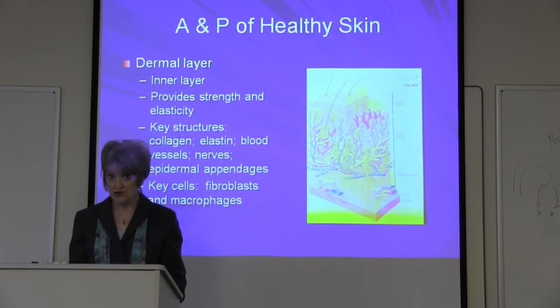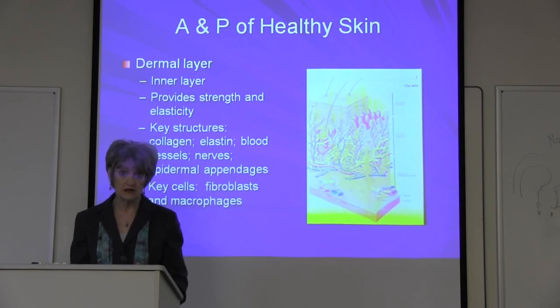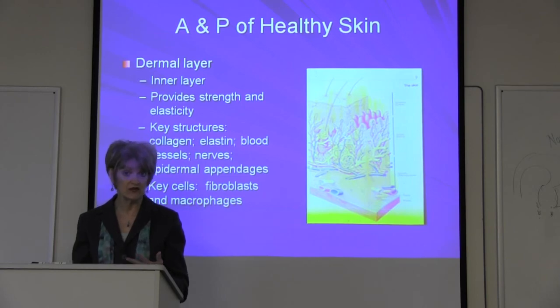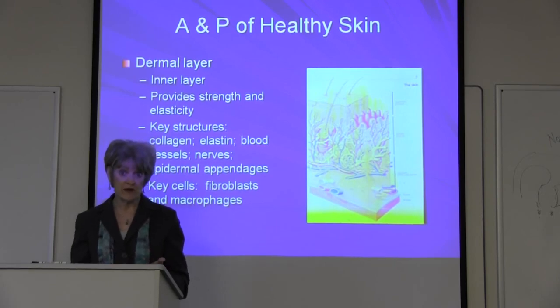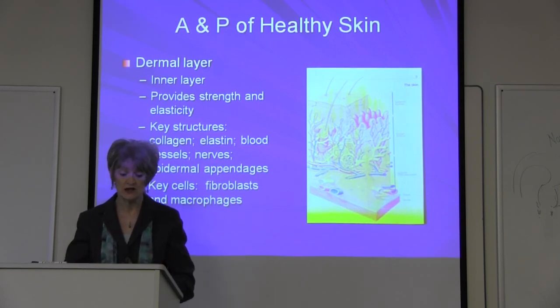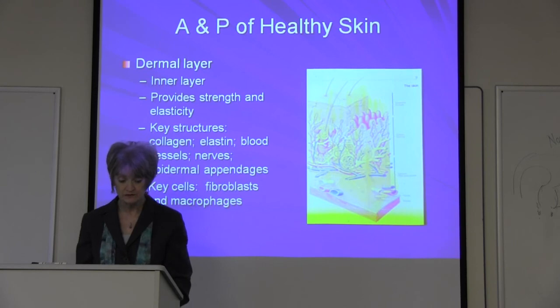The macrophage is derived from the monocyte, and its primary responsibility is to control bacteria, to engulf and destroy bacteria, to break down any necrotic tissue. Macrophages and fibroblasts, the two most critical cells to wound healing. So you're going to hear about those cells over and over.